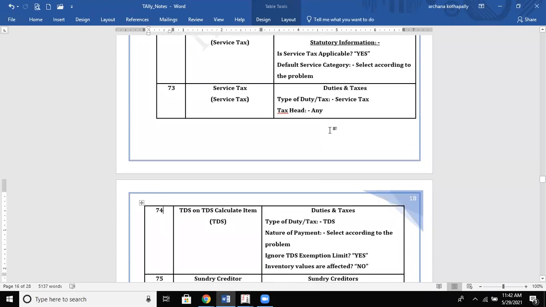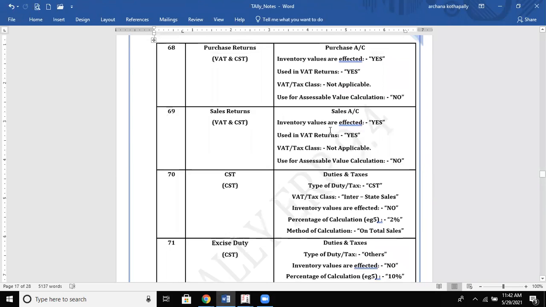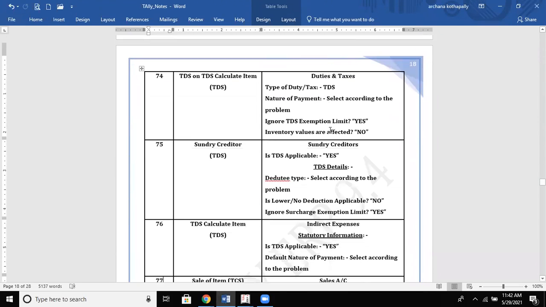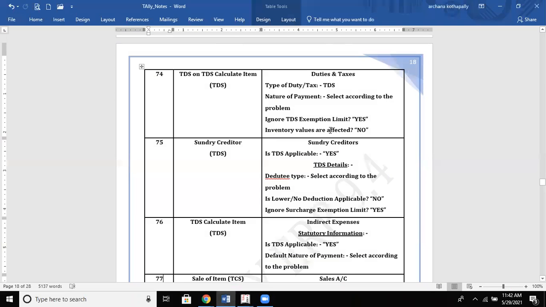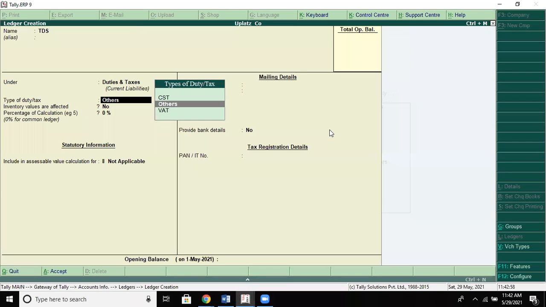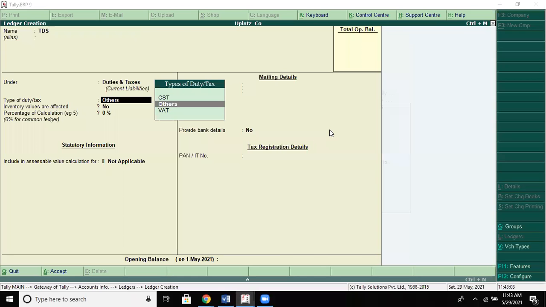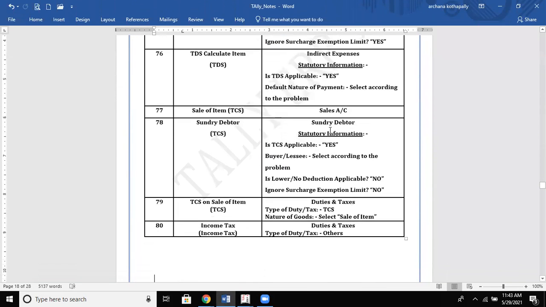Next, purchase returns. Okay, as of now we are not going to create any service tax related. So let's say TDS, tax deducted at source. Okay, as we didn't create any TDS. These accounts will be created at the time of creation.